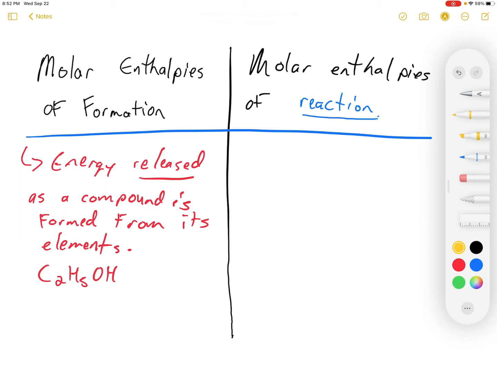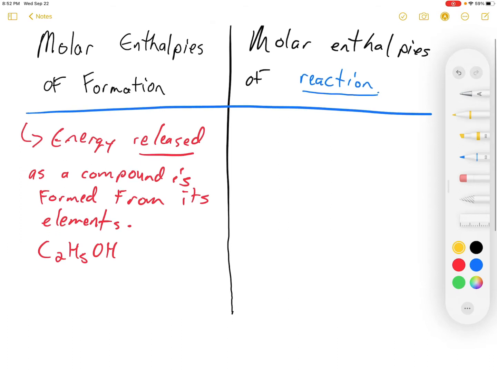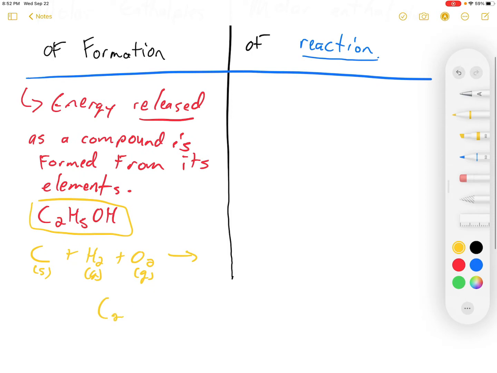The molar enthalpy of formation of ethanol would be the energy that's released as carbon solid, hydrogen gas, and oxygen gas combine in order to make C2H5OH.